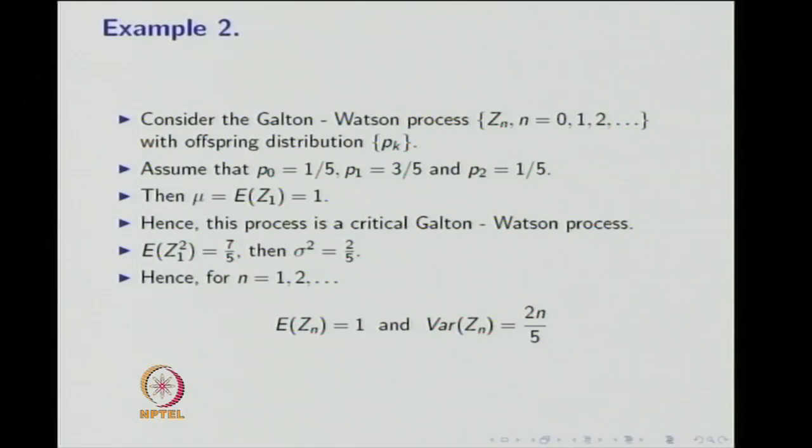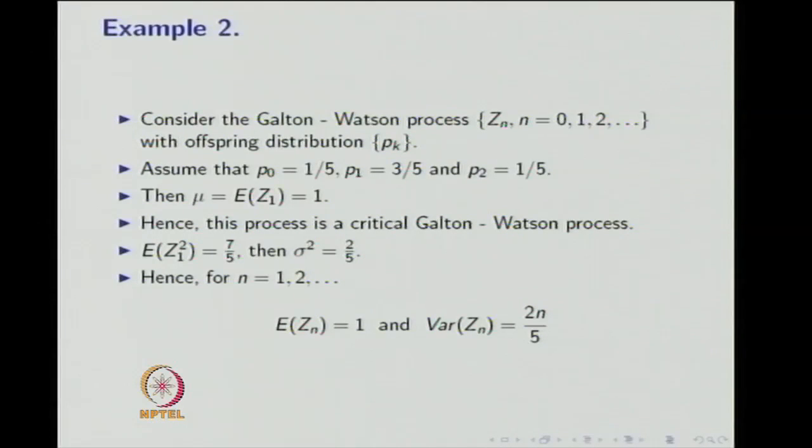Now we are going to consider the second example. Consider the Galton-Watson process Zn with the offspring distribution p_k. We choose the same problem, example 1, with the assumption p_0 is equal to 1 by 5, p_1 is equal to 3 by 5 and p_2 is equal to 1 by 5.